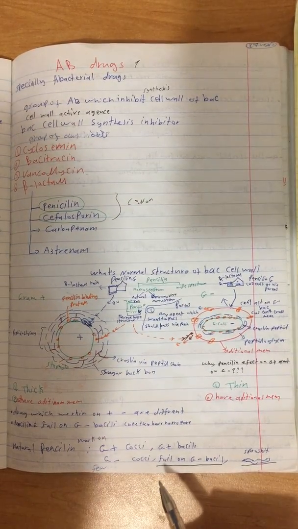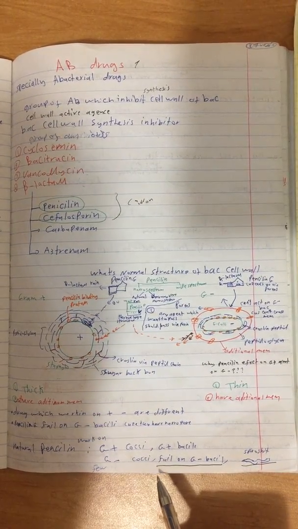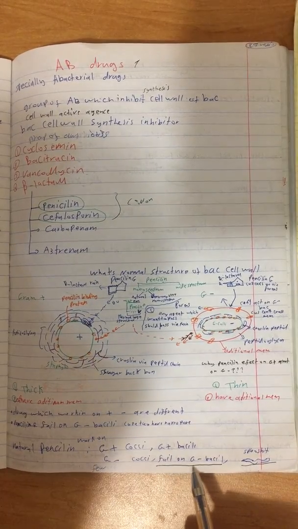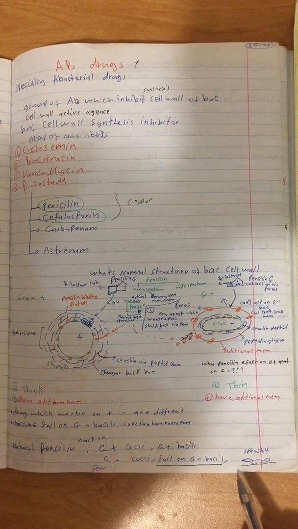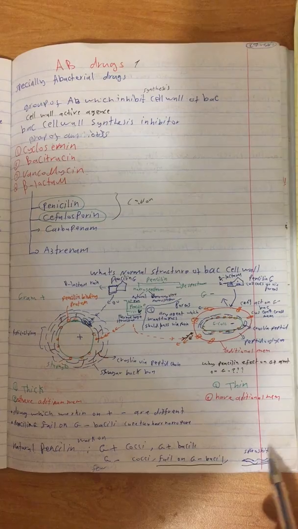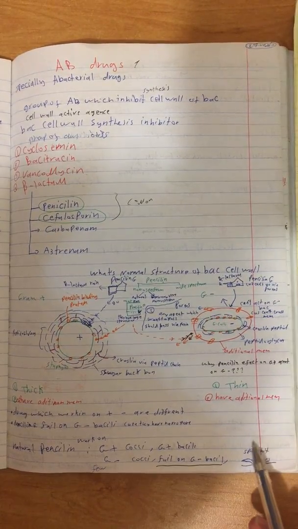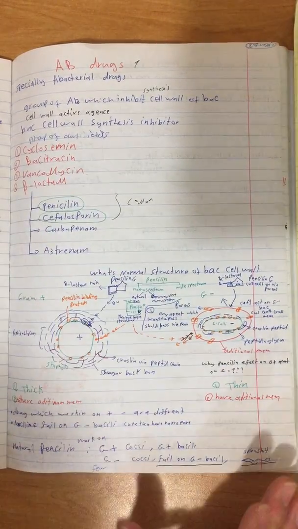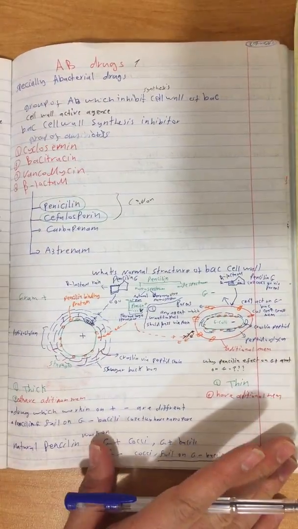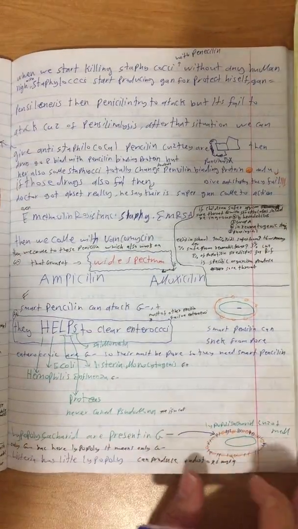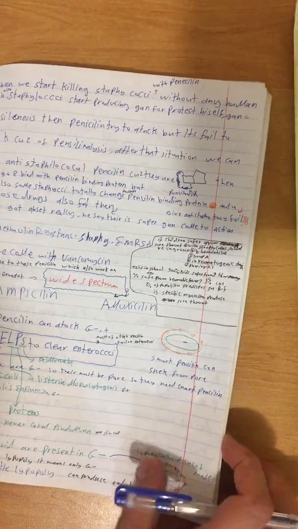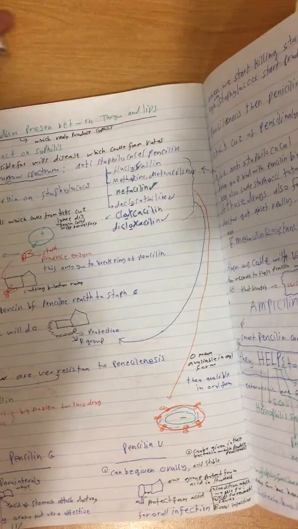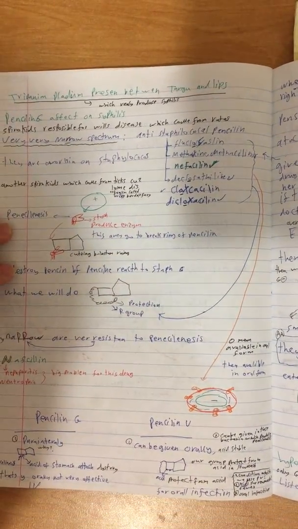But it fails on gram negative bacilli. Also, natural penicillin can act on spirochetes.